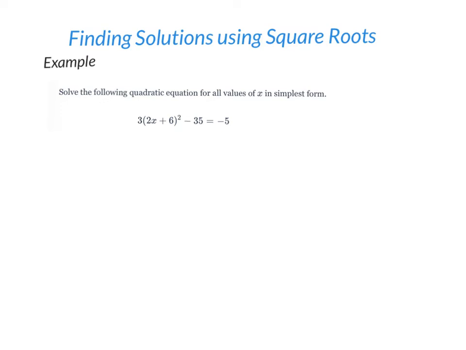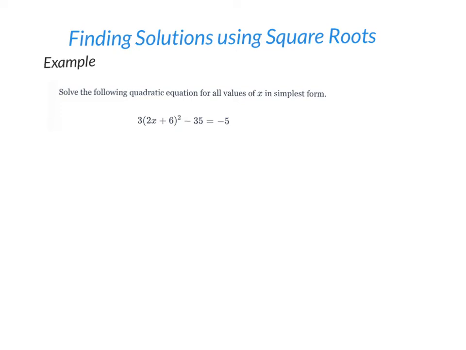The first thing we're going to want to do in this one is get rid of this minus 35. We're going to get rid of the minus 35 by doing the opposite, which is to add 35. So we'll start by adding 35 to both sides.